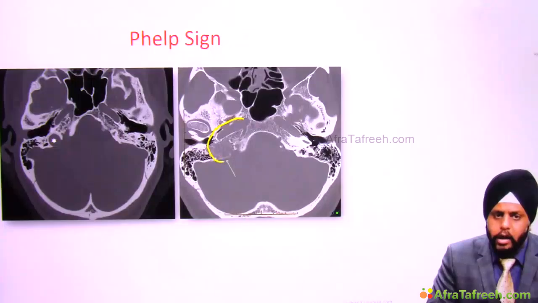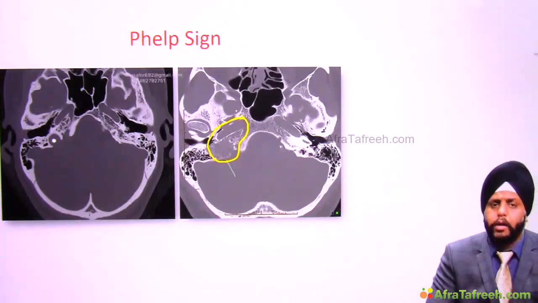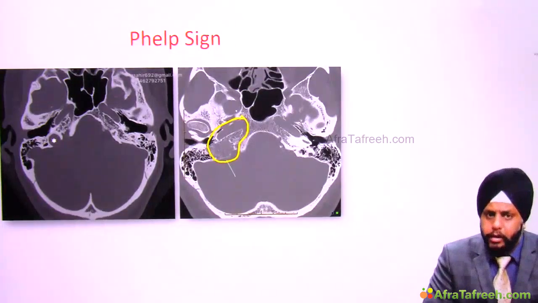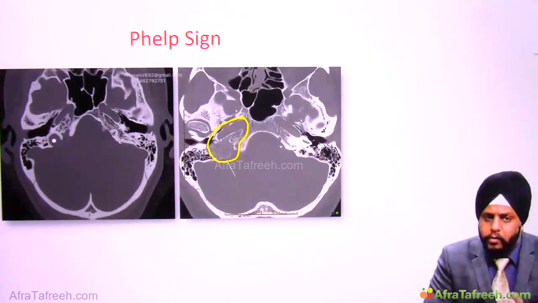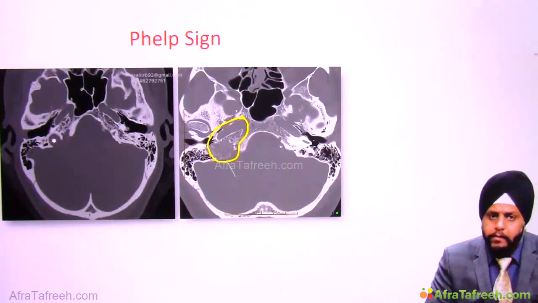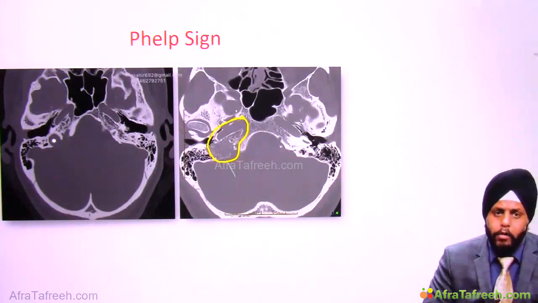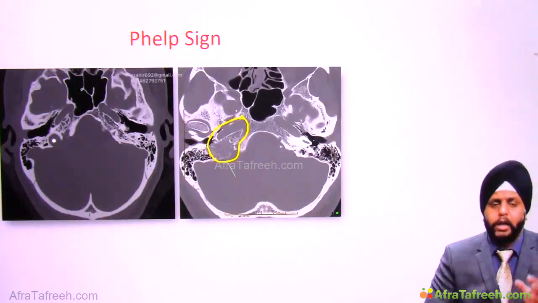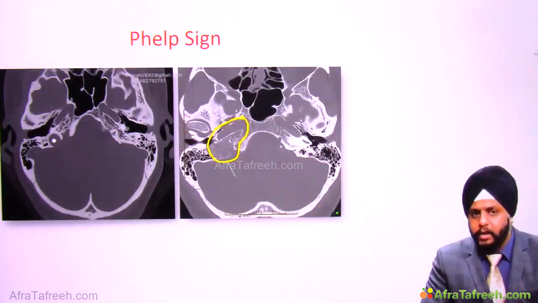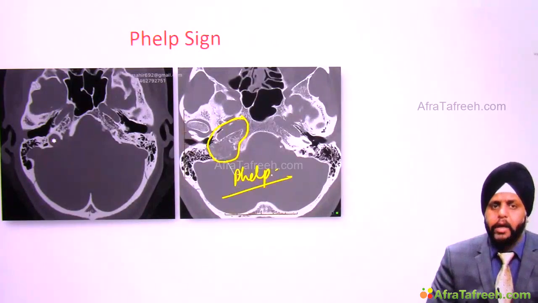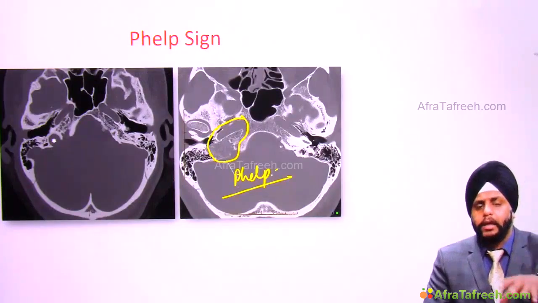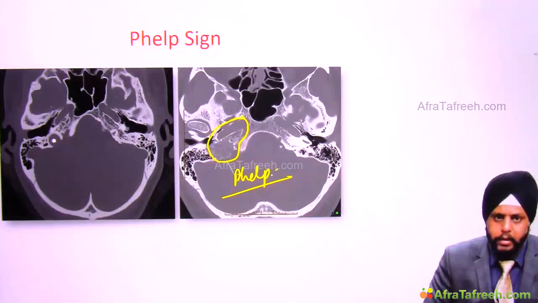You see the caroticojugular crest is almost eroded. Okay, very thin line is just present and the rest is all eroded. Now the ICA and the jugular bulb, they have almost become one. Okay, so that is known as Phelps sign. This sign over here, this is known as Phelps sign. Okay, seen in glomus tumor, right?